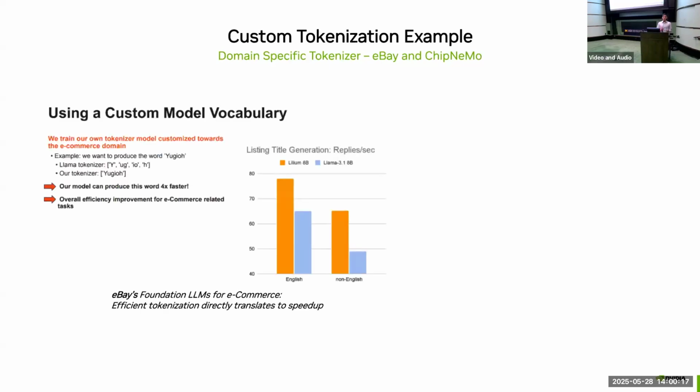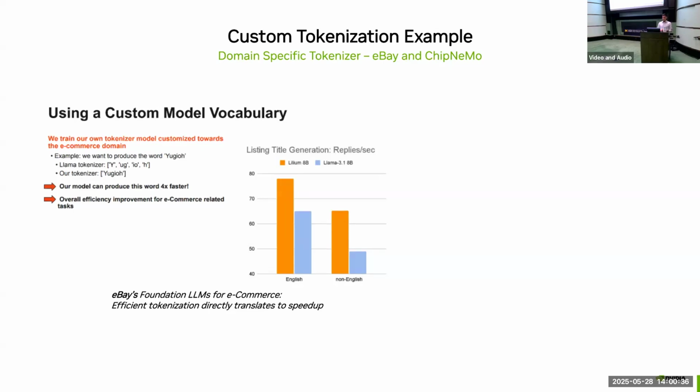So as a really cool example, which actually comes from the e-commerce domain, is this example from eBay, where they trained an e-commerce domain-specific model for listing title generation based on data that they had collected.